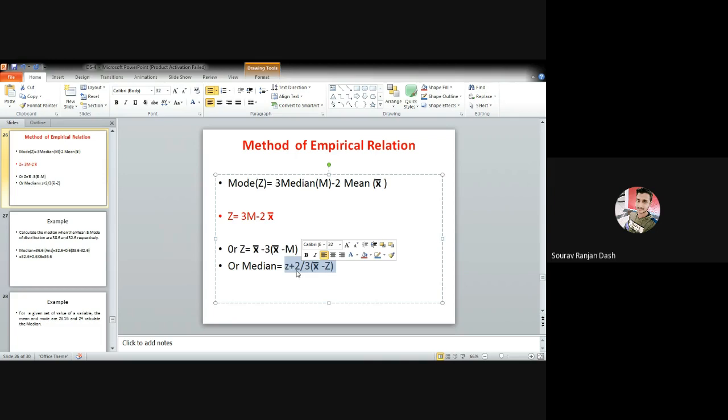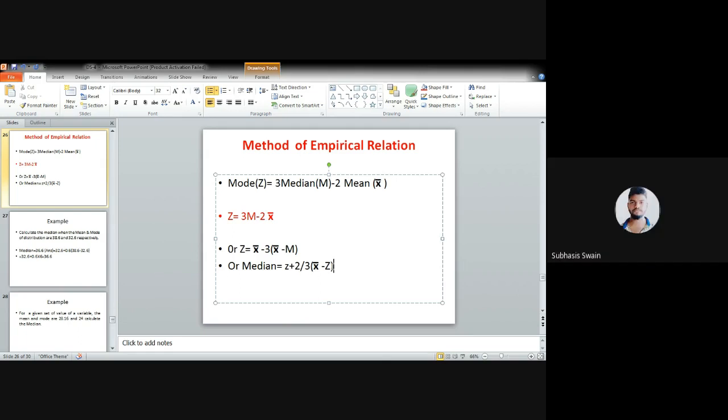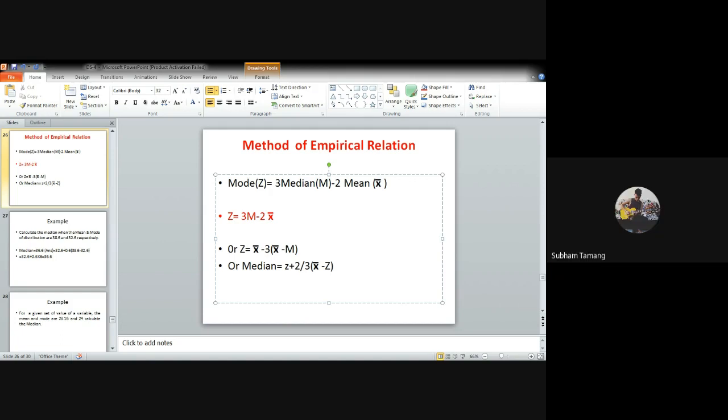But x bar minus z will be the numerator part. Right? Z belongs to your mode. X bar belongs to mean. Is it clear? Yes or no? Yes, sir.